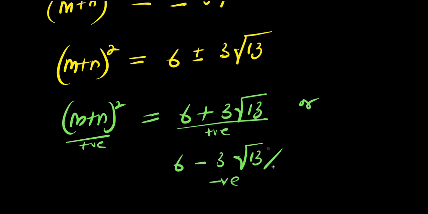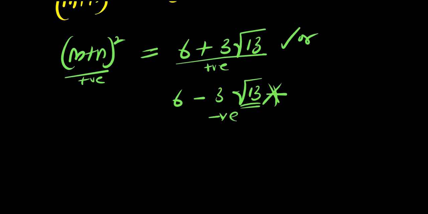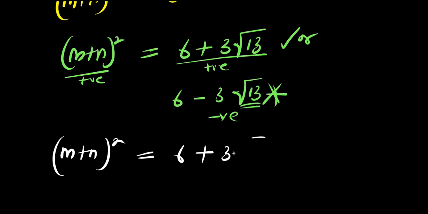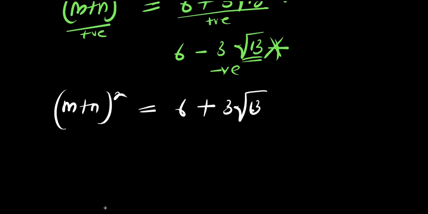We are not going to make use of this solution because this is negative, with 3 root 13 being greater than 6. So we only consider the positive one. So what we are going to have is (m plus n)^2 equals 6 plus 3 root 13. So from here, we take the square root of both sides of this.